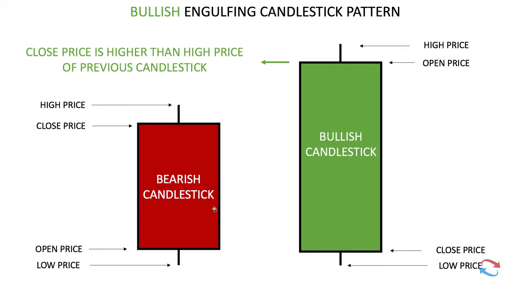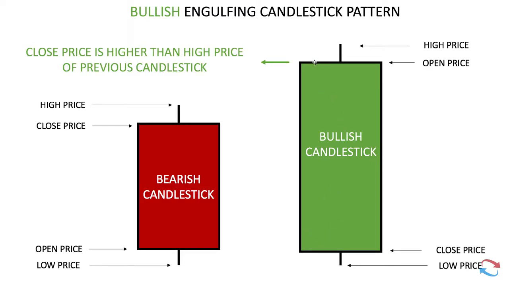So again, we're looking for a reversal. Just like the pin bar or hammer candlestick, this is a reversal candlestick, but it basically plays out over 2 bars instead of 1. So we have the first candlestick, which is a bearish candlestick, and then we have a second candlestick.